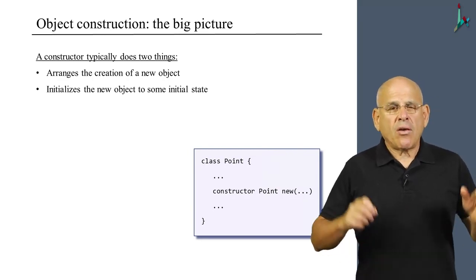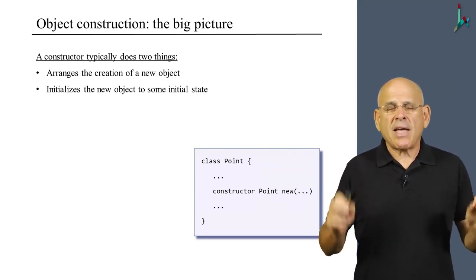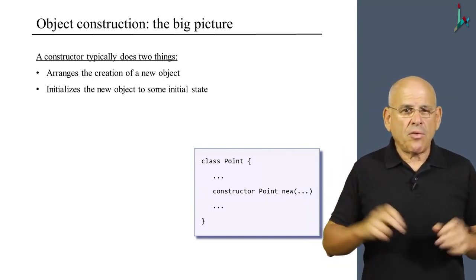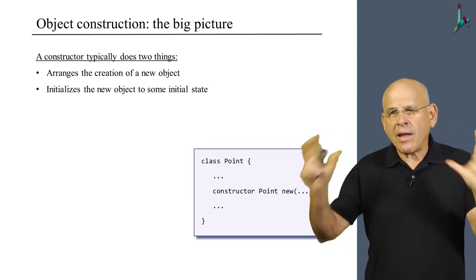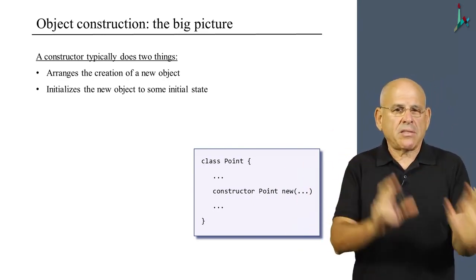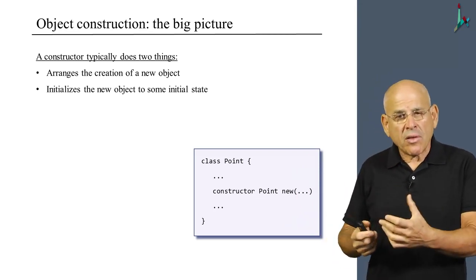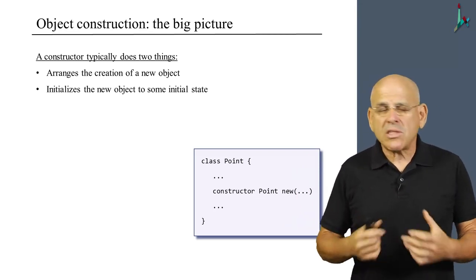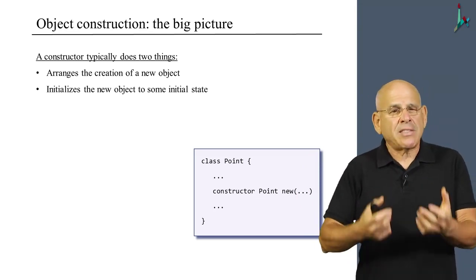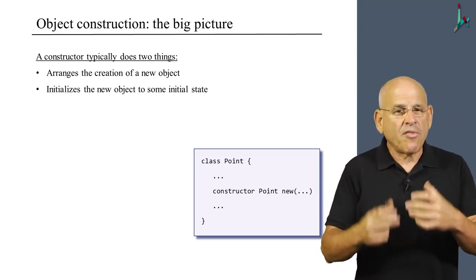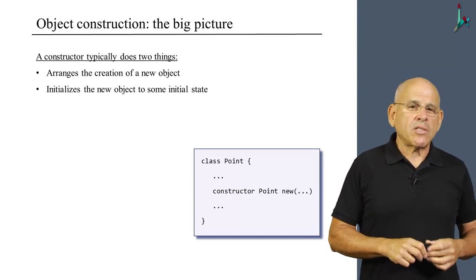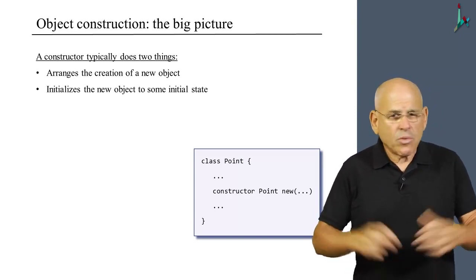First of all, a constructor is typically designed to do at least two things. First, arrange some space on the RAM for the new object. And second, no less important, a constructor typically assigns certain values to the fields of the newly constructed object. That's what typically happens, right?